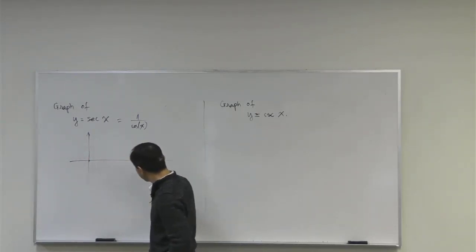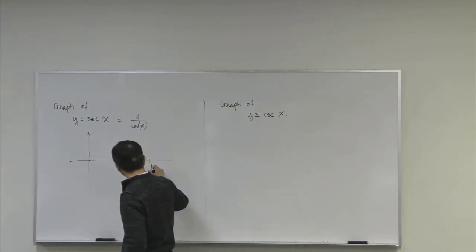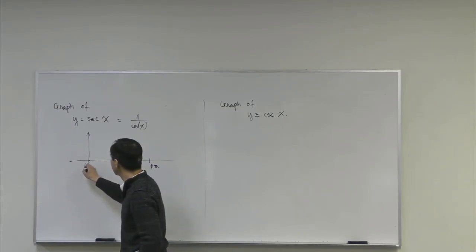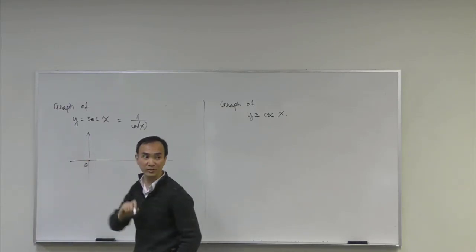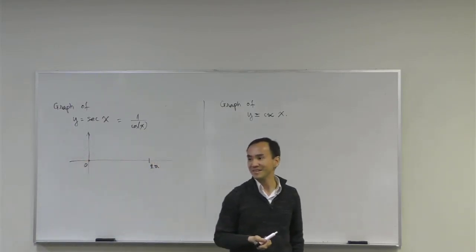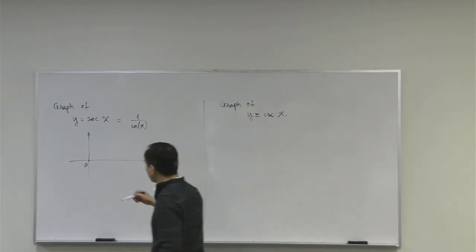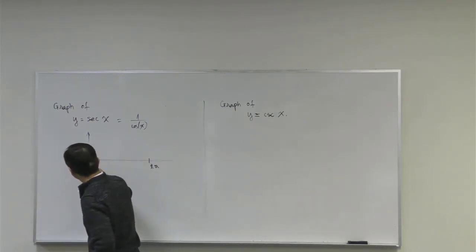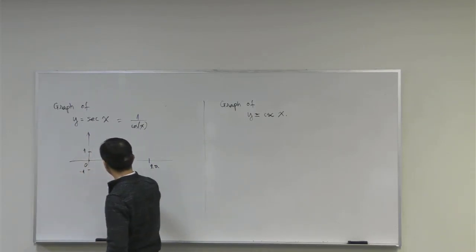And then it starts, and it ends at 2 pi. It starts at 0, according to what we saw in that graph. And then there's a space: 1, -1, center line here. Halfway, pi. Are we good with that?